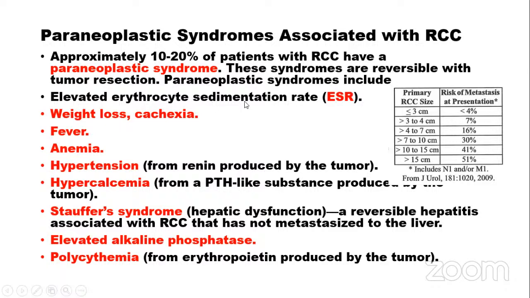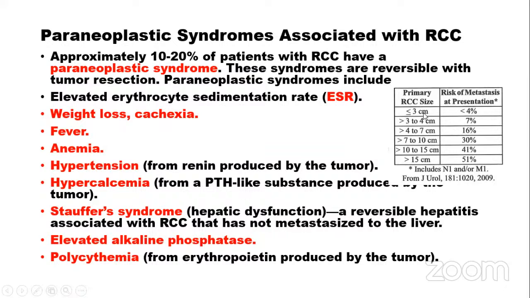They include elevated ESR, weight loss, cachexia, fever, anemia, hypertension, and hypercalcemia. Hypertension is from renin produced by the tumor, and hypercalcemia from parathyroid hormone-like peptide produced by the tumor. Stauffer syndrome is reversible hepatic dysfunction associated with RCC that has not metastasized to the liver. Also elevated alkaline phosphatase, and polycythemia from erythropoietin produced by the tumor.